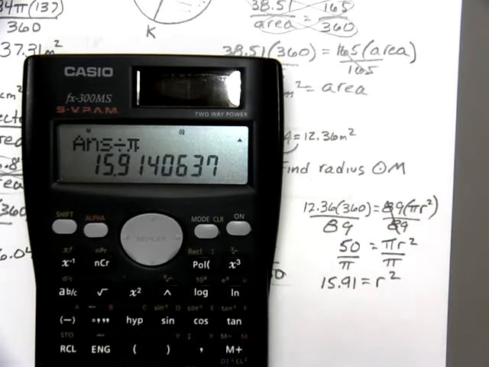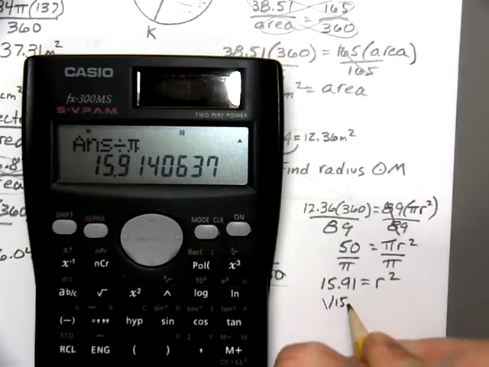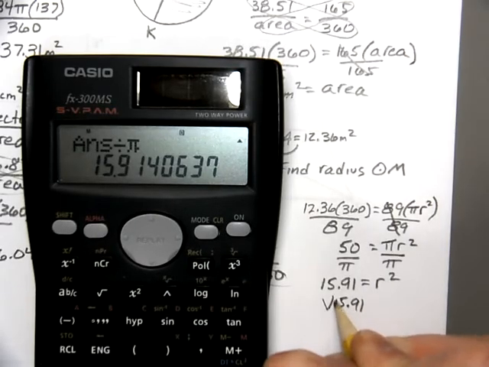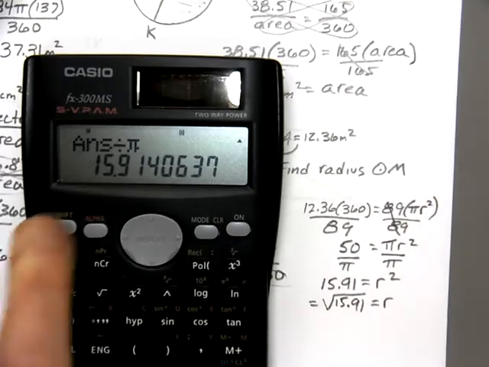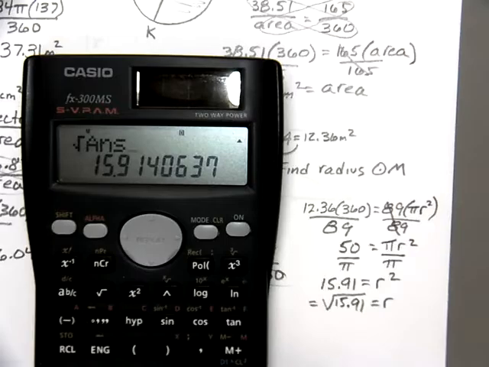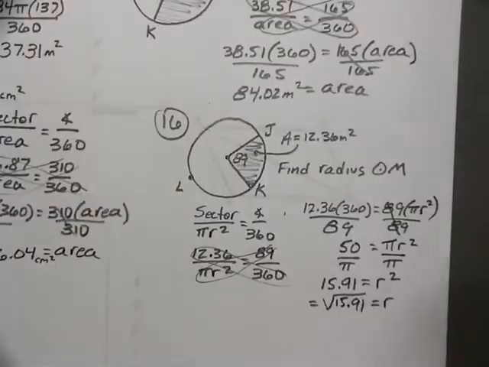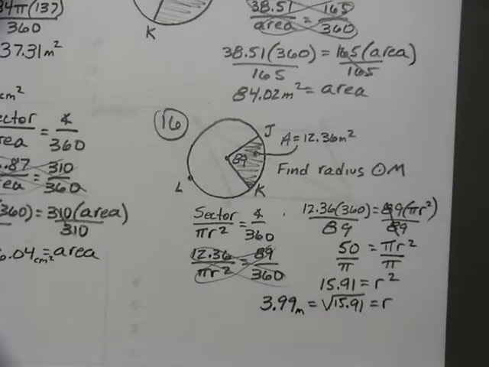And we can take the square root of that number. So the square root of our answer is 3.98, 3.99. And these units would be meters.